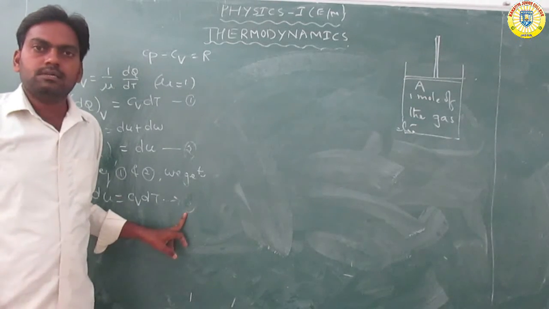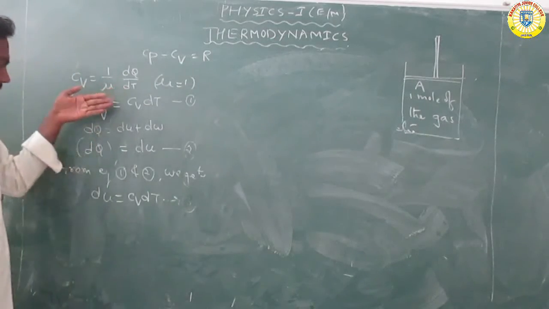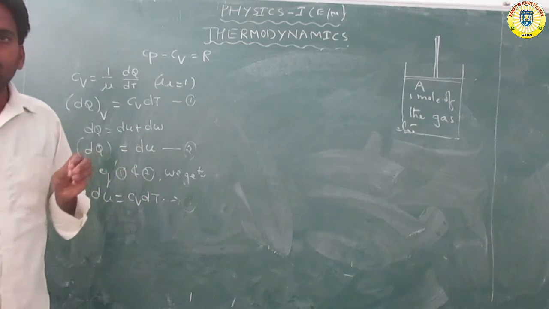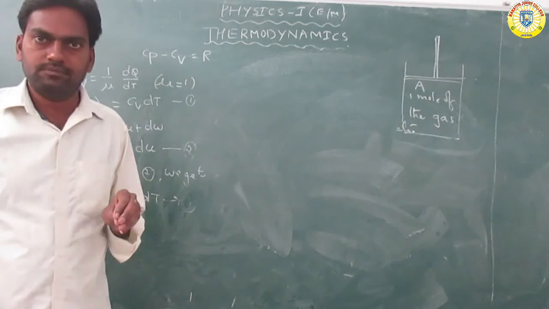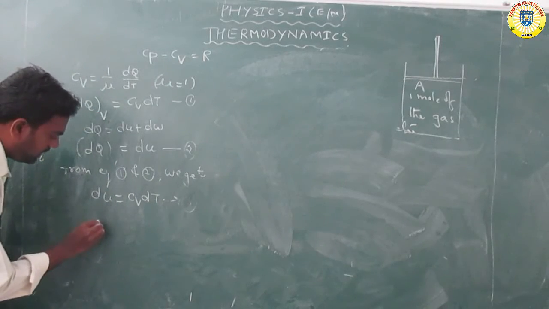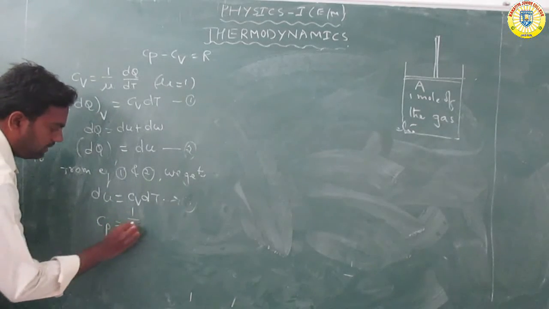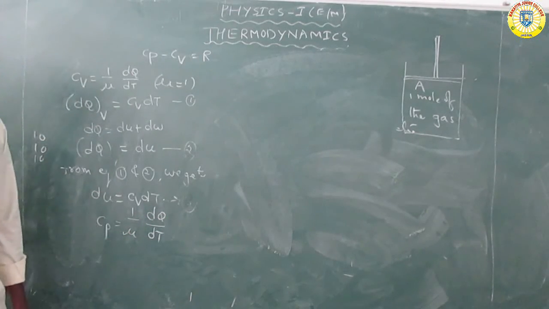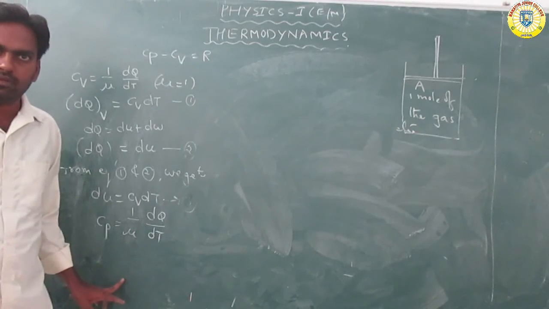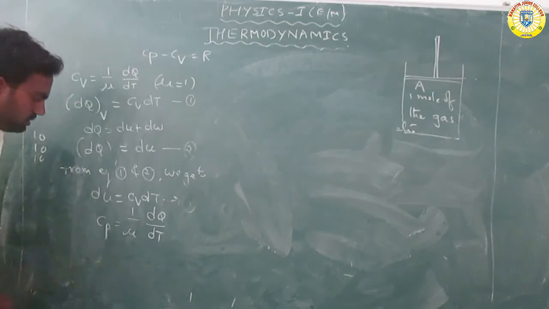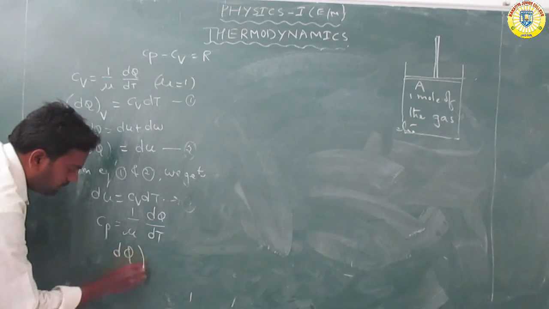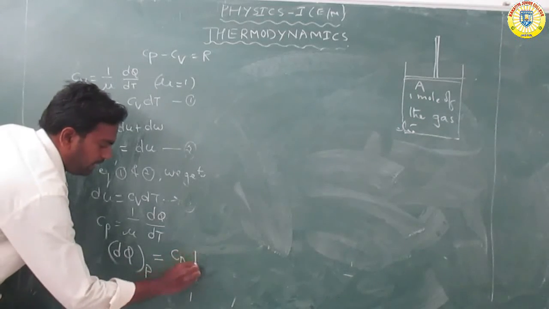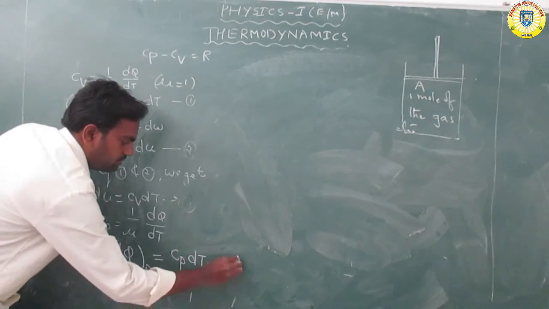Now take the molar specific heat capacity at constant pressure. Cp is equal to 1 by mu dq by dt, and the number of moles mu is 1. So dq at constant pressure is equal to Cp dt. This is equation 4.